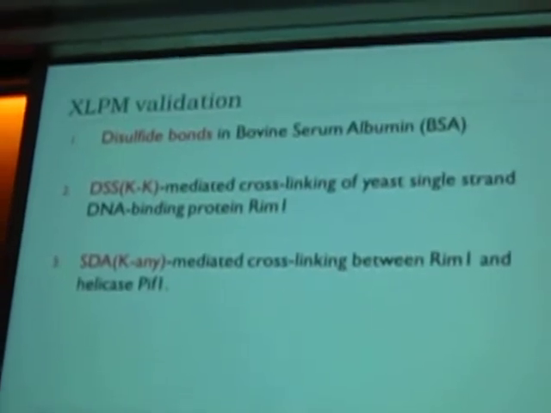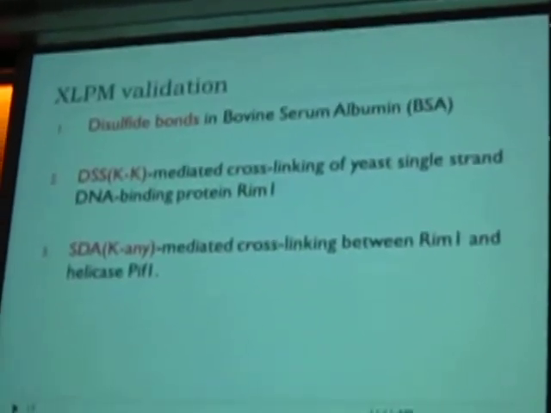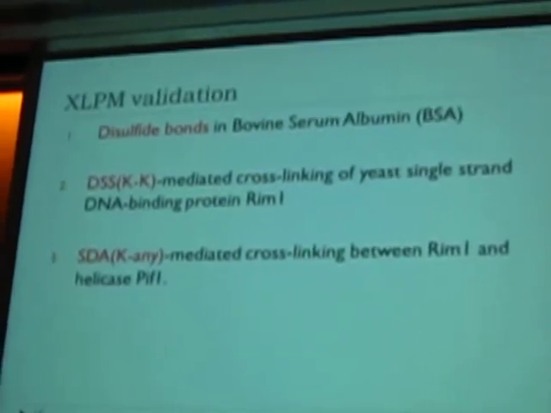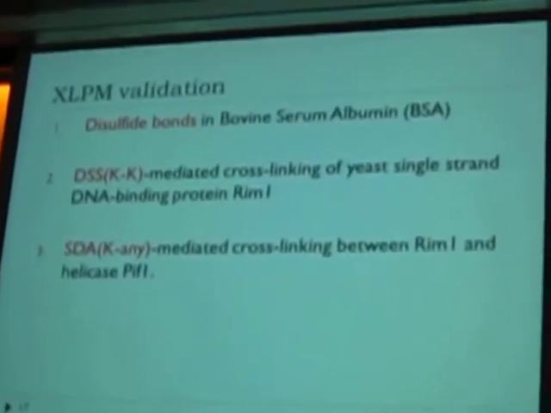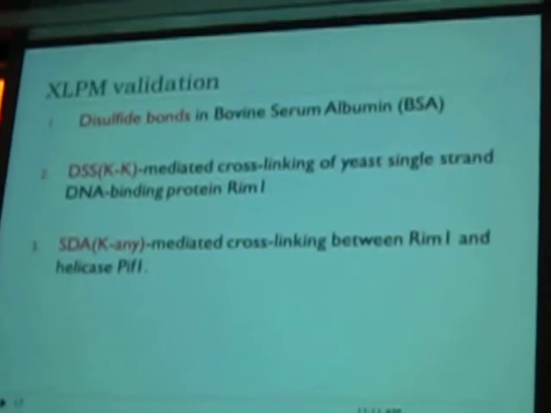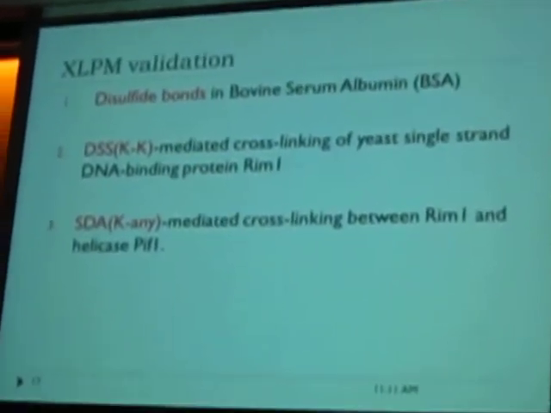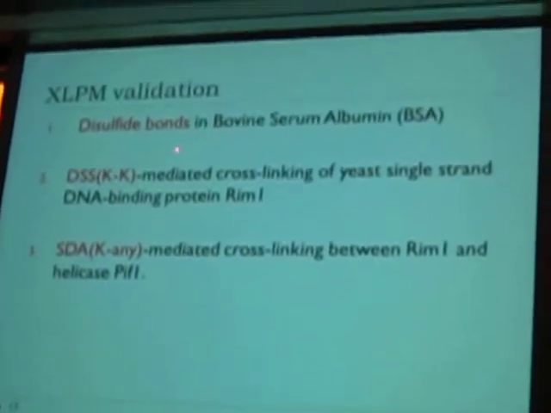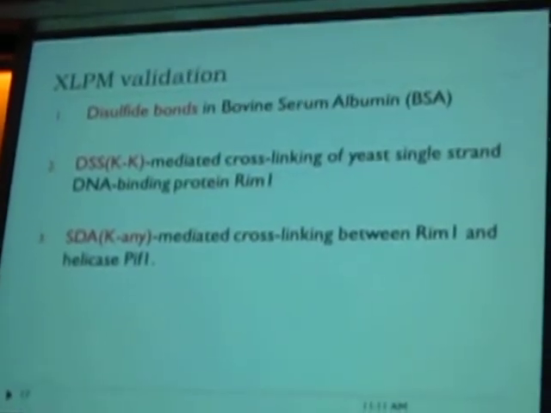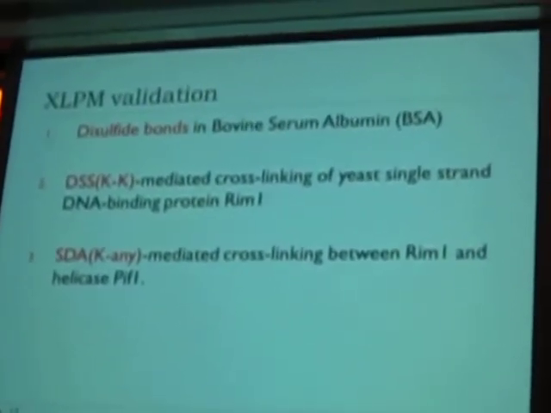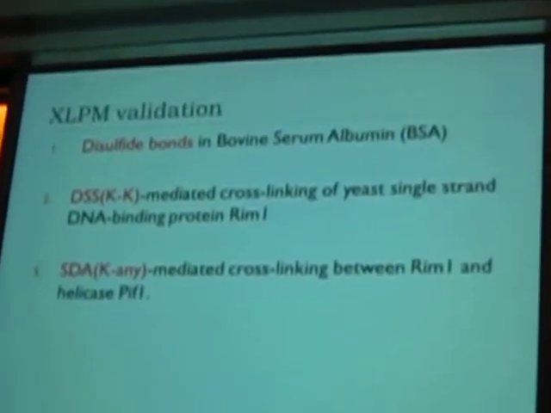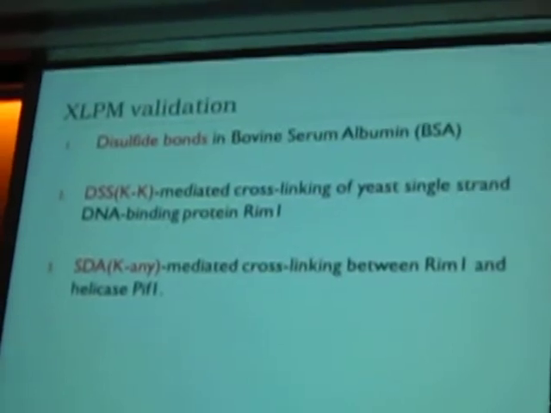We validated our software on 3 systems with 3 specific purposes: disulfide bond, DSS, which is a specific cross-linker that joins lysine to lysine, and SDA, which can join lysine to N-terminal. The purpose of the first is to compare XLPM's effectiveness to other good software, StavroX, and we chose StavroX because it produces really good results compared to the tools available right now.